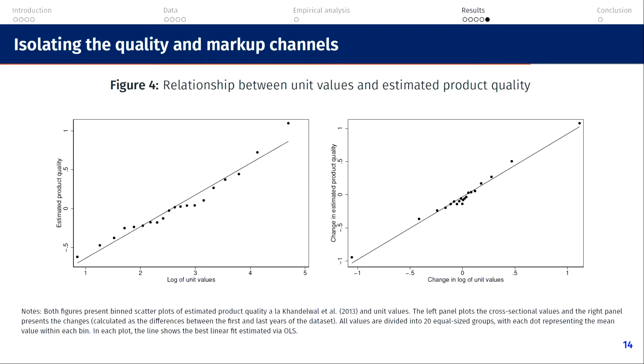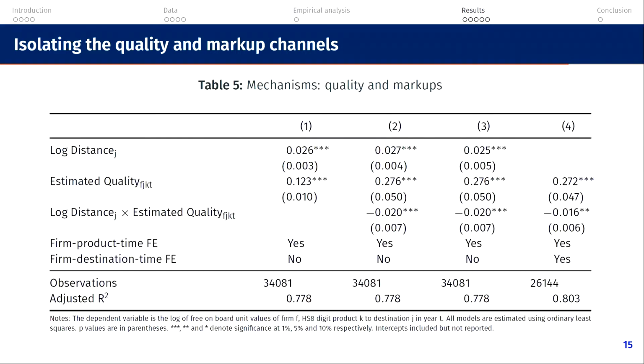And here I show just the relationship between unit values and this perceived quality measure, and I see a strong positive correlation. So what I do is then I introduce this quality measure into my analysis, and we see that indeed higher quality products are also sold at a higher price.